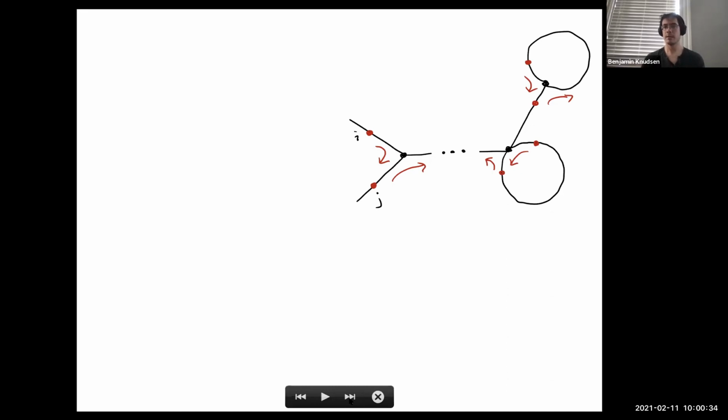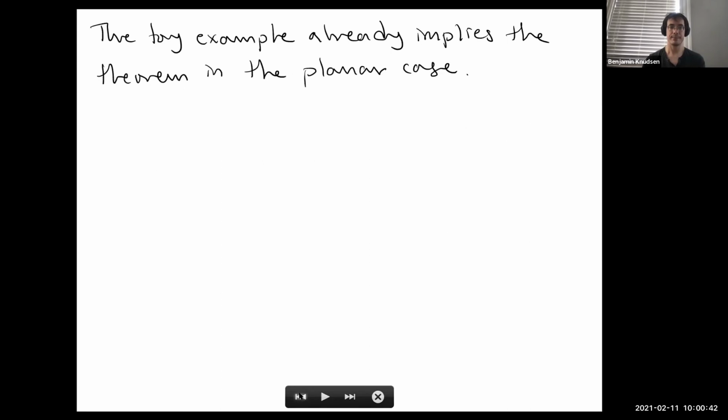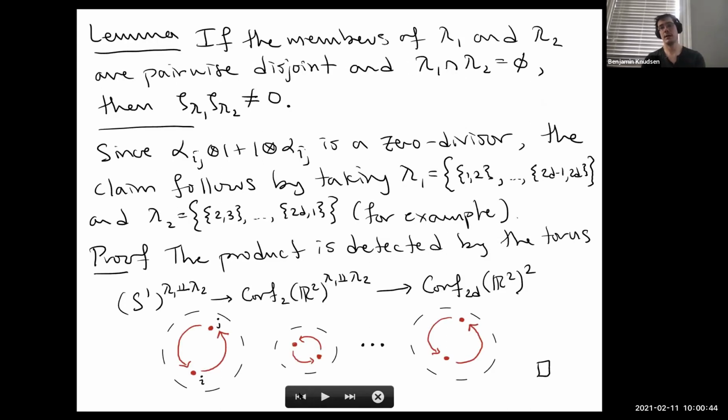Okay. And so the reason this detects it is that, well, the previous picture, I can go back. The previous picture, I should have maybe emphasized this, doesn't depend on the placement of these R2s inside of R2. So the space of embeddings of D R2s into R2 is connected.